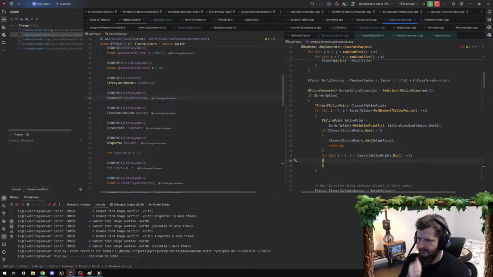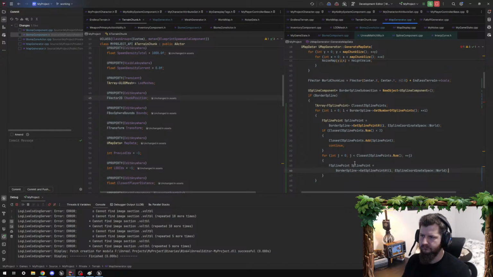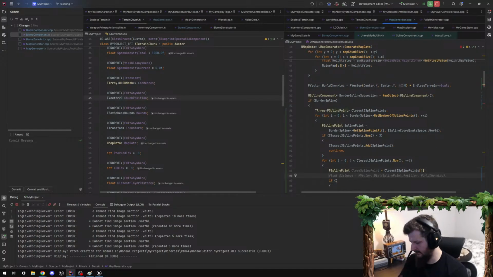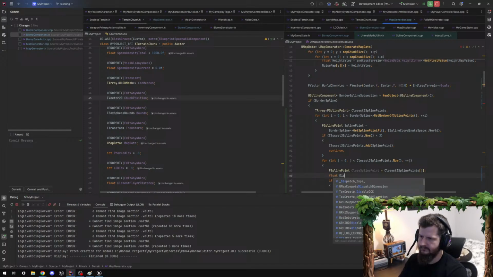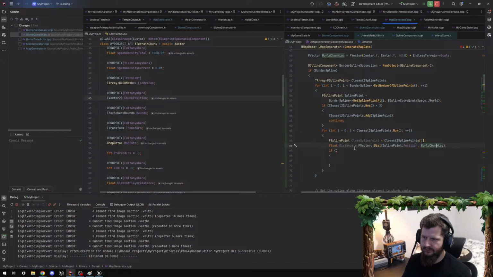Okay, so now that we have 3 in our list there, I need to iterate through each one. Let's say close spline point. Let's do a variable for distance. Yep, there we go, world, that's what I want.